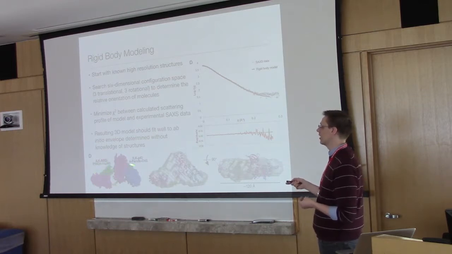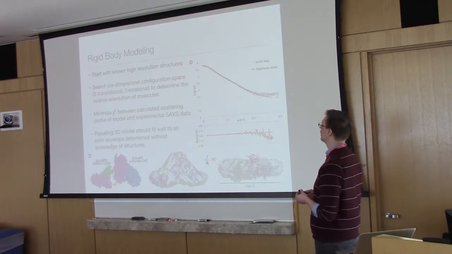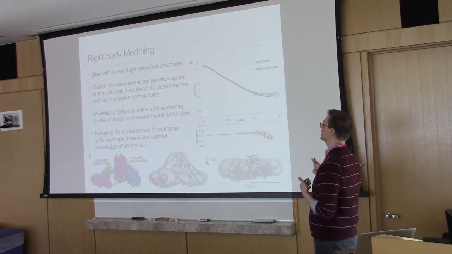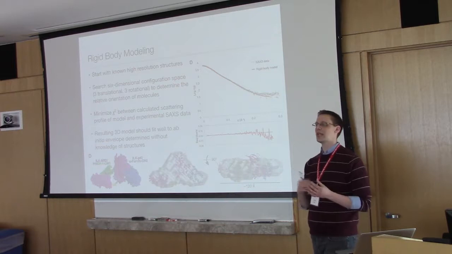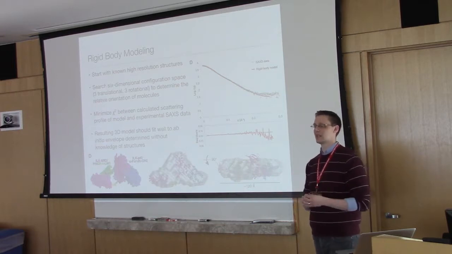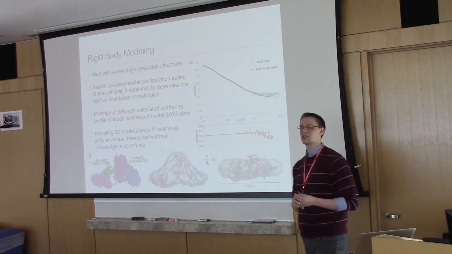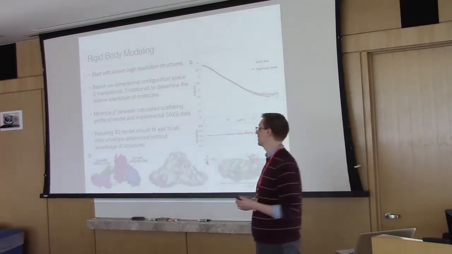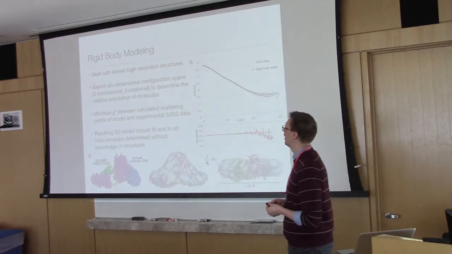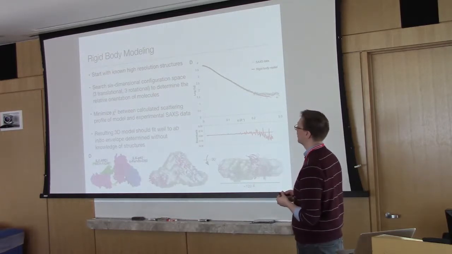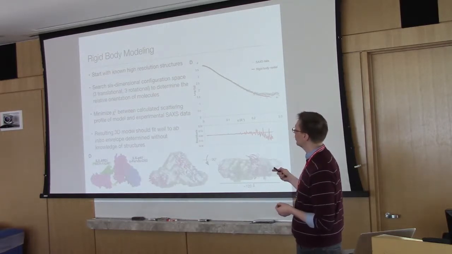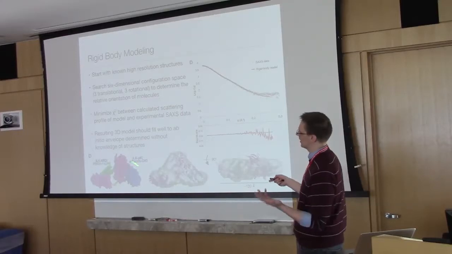Maybe you have the structures of a few components or a few fragments, and you can get the scattering profile in solution, but maybe you can't solve the structure of the complex because there's a whole host of new crystallization conditions and concerns when you're actually dealing with complexes in crystallization. And so maybe you can get the structure of each independently. So in this case, we found the structure of this and the structure of this.